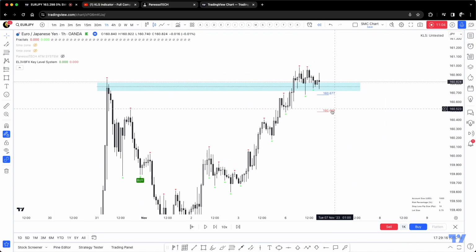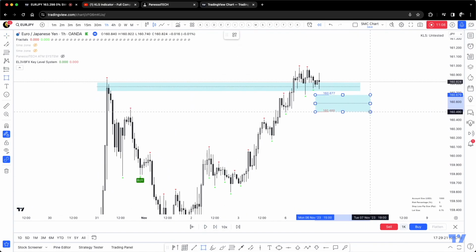So we see price giving me this zone that I'm going to mark up. Again, as I mentioned, I'm on a 1 hour. Preferably it's the minimum. Don't go lower than 30 minutes, like 15 minute or 5 minute. I don't recommend it, so don't get too confused with that. This is more of an intermediate, how can I say, intraday indicator.